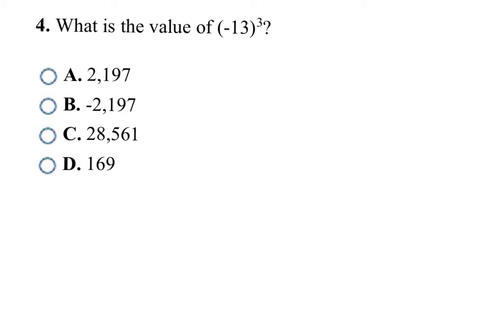All right, so here, this is where we need to be careful because we're raising a negative number to a power. And so this is a negative number being raised to an odd power, which means that my answer is going to be negative. And now let's look at why that is. So this is telling me I take negative 13, everything that's in parentheses, and multiply it times itself 3 times.